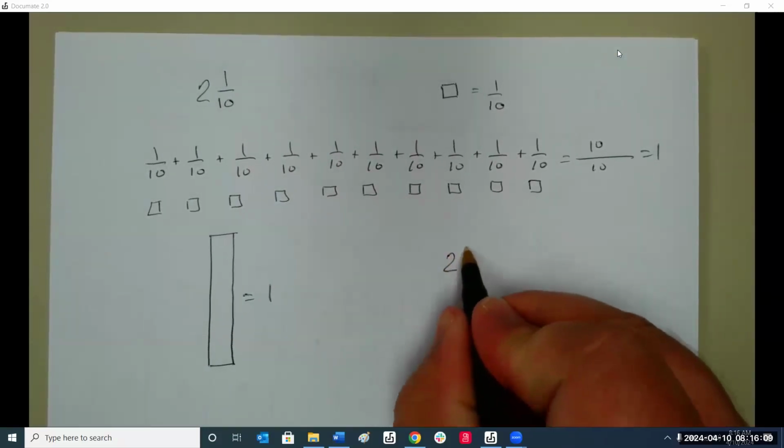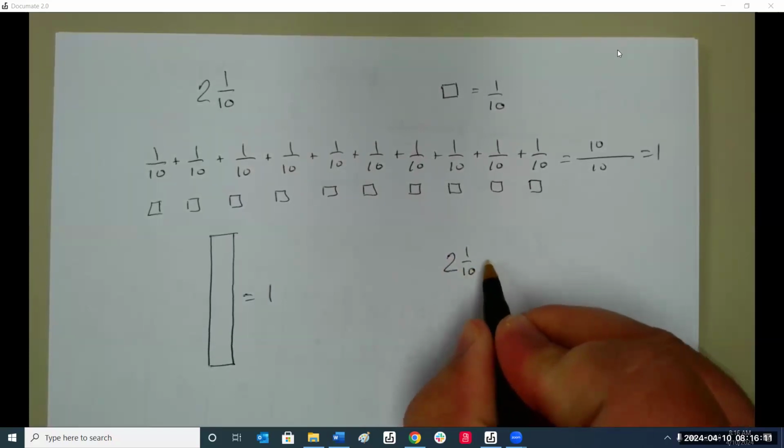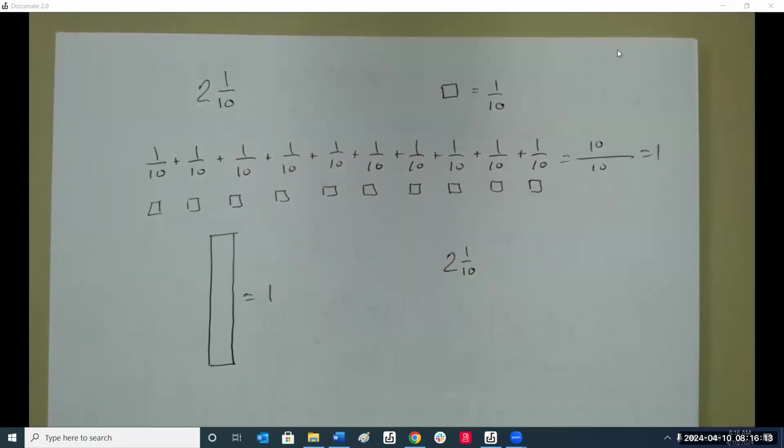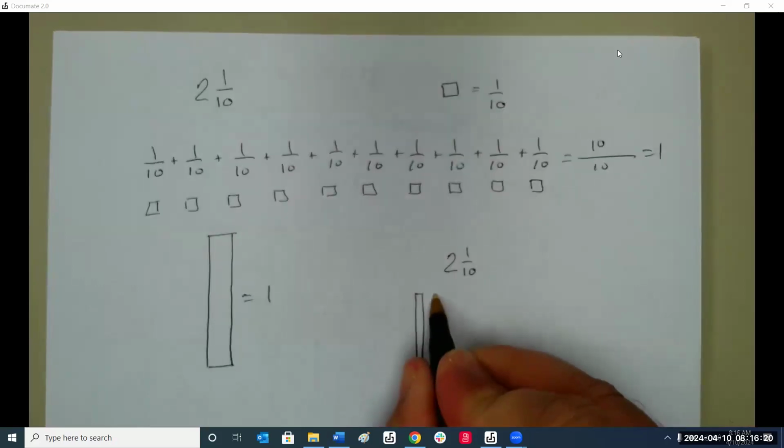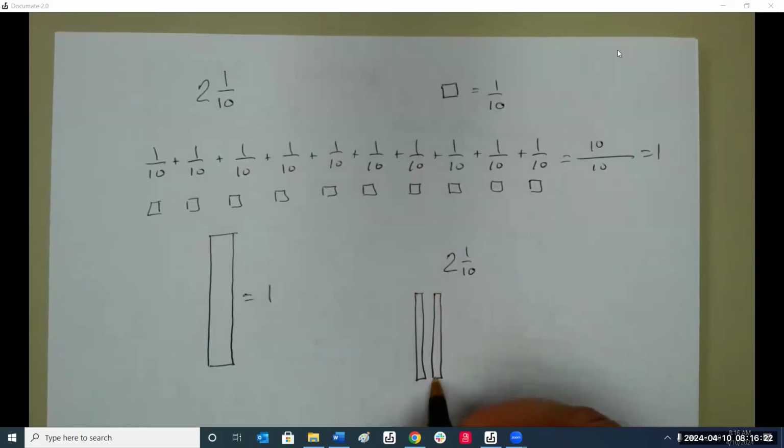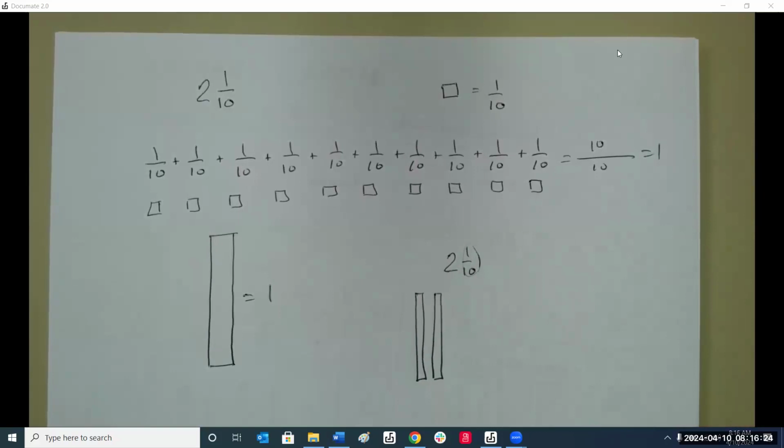So for our number, how many stacks do we need? Yeah, so we need 2 stacks. And how many single blocks?